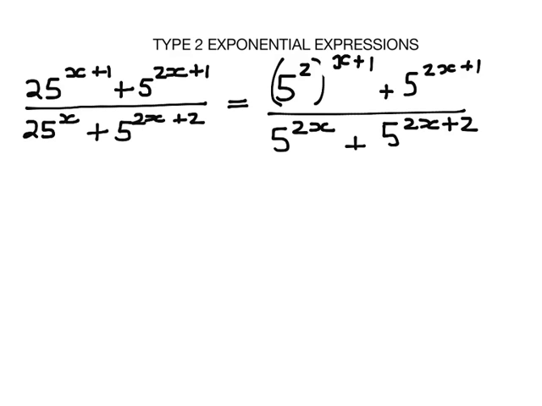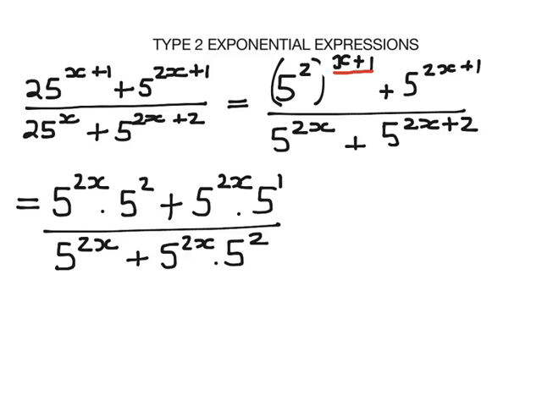Having reduced each base to its simplest prime number, we now multiply out the brackets, but we also break up each power into two parts as shown in the following step.